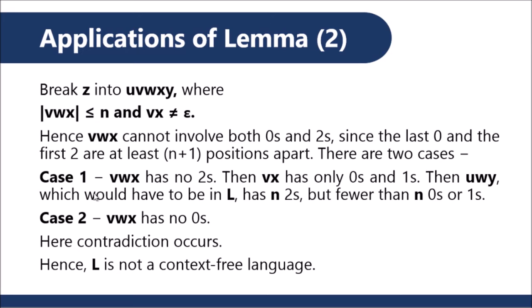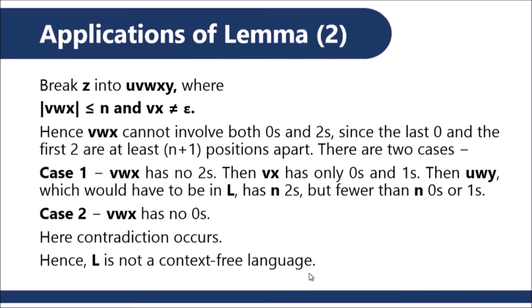Case 1, vwx has no 2's, then vx has only zeros and 1's, then uwy, which would have to be in L, has n 2's but fewer than n zeros or 1's. Case 2, vwx has no zeros. Here a contradiction occurs. Hence, L is not a context-free language.